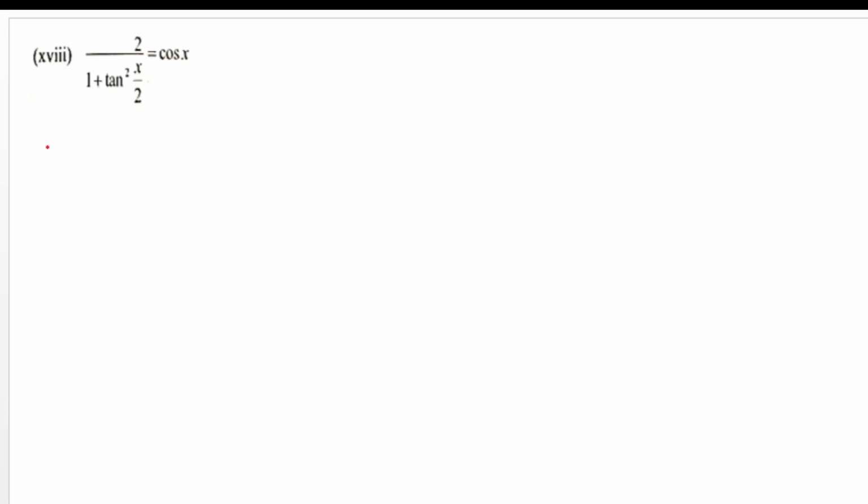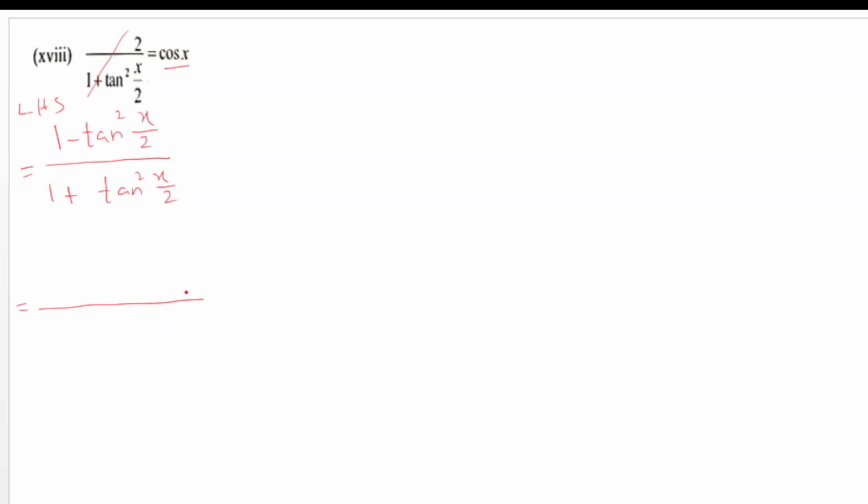The question is basically 1 minus tan square x by 2 over 1 plus tan square x by 2. So we have to just let me write here left hand side. This I write the left hand side here. This is basically the mistake here. Now we have to take in a simple form.